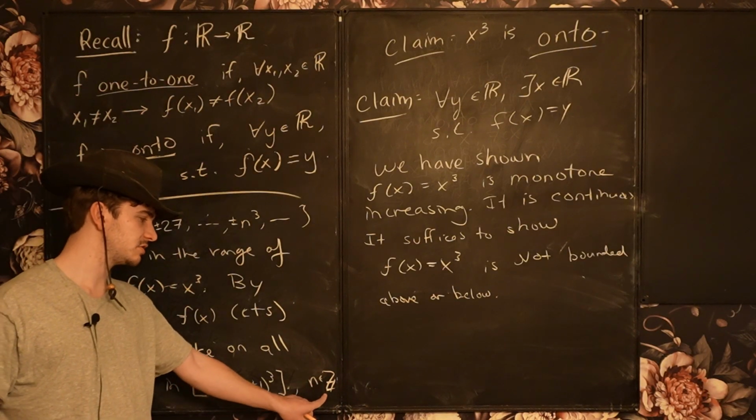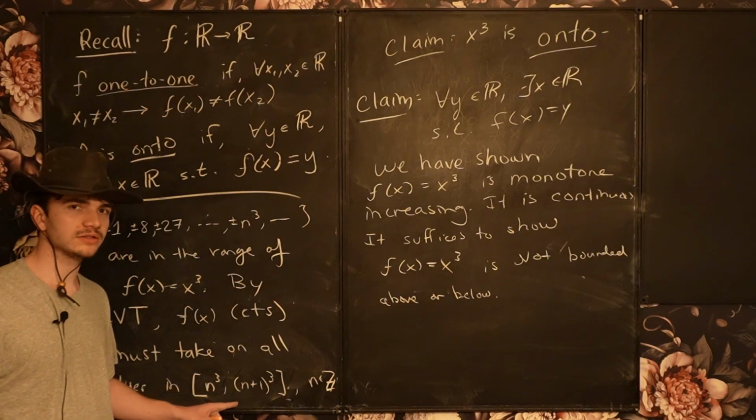Saying Z is just saying positive or negative, so n can be a positive or negative number.